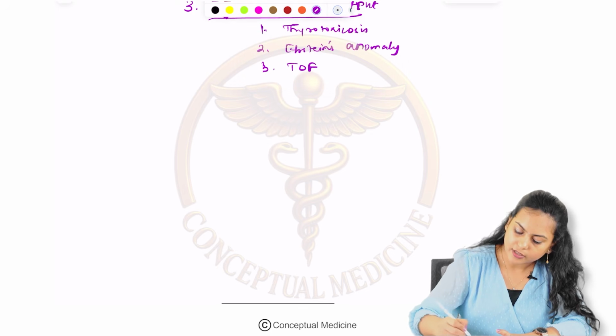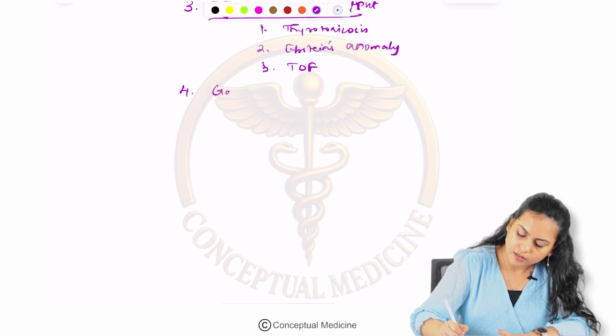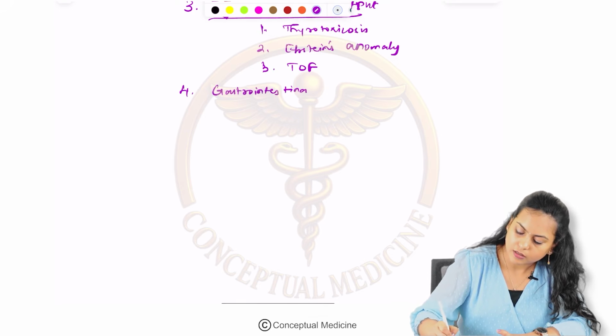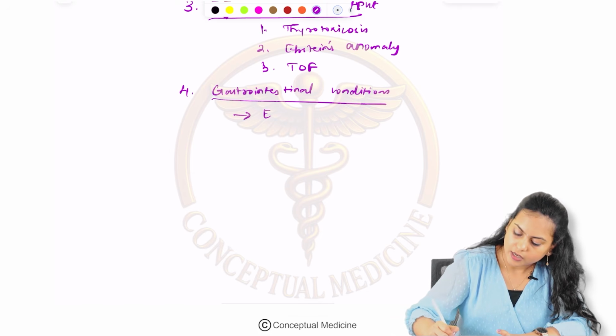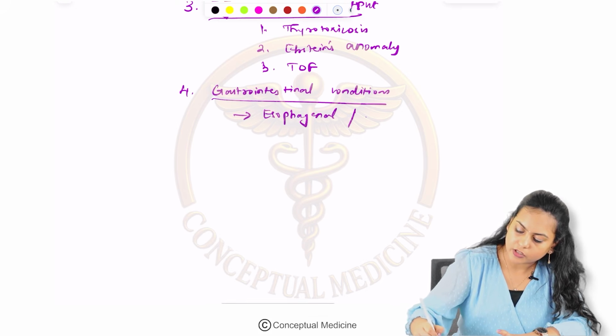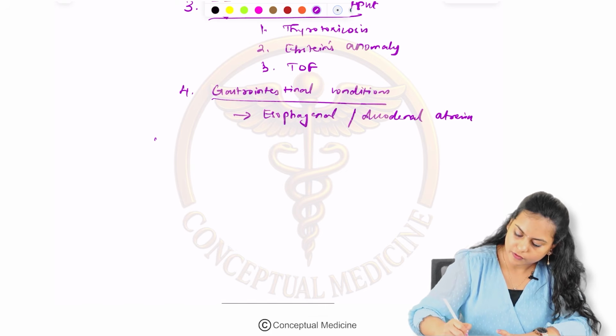Some of the gastrointestinal conditions like esophageal or duodenal atresia can also contribute to polyhydramnios.